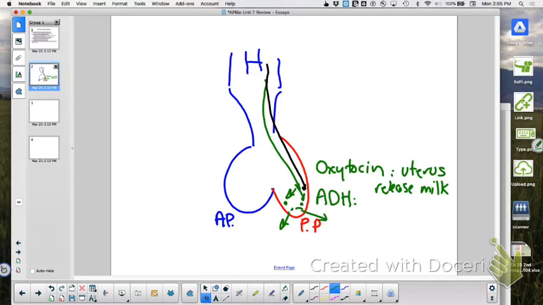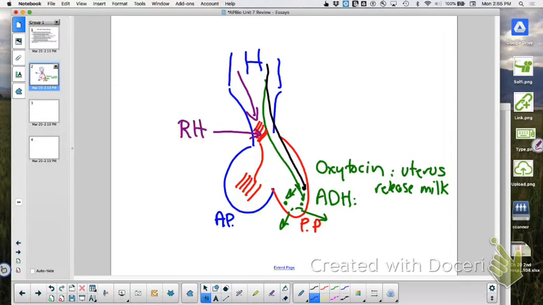The anterior pituitary, there is not a direct connection. It only extends as far as what? Yeah, the capillaries in the stalk. And then there's a second set of capillaries here. What it puts into the stalk are releasing hormones.